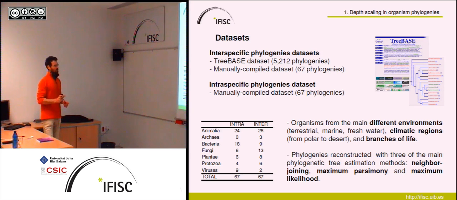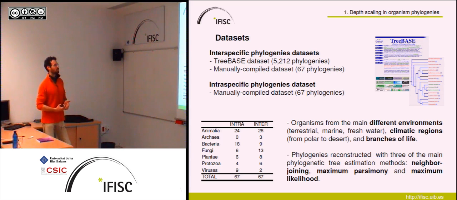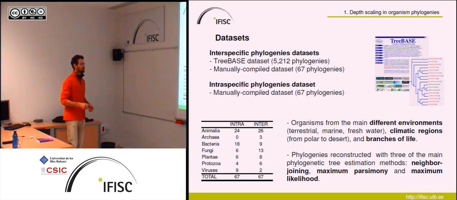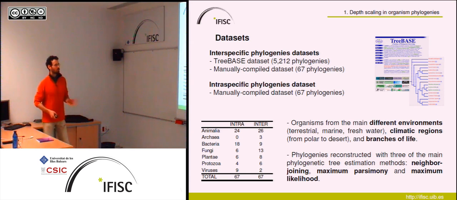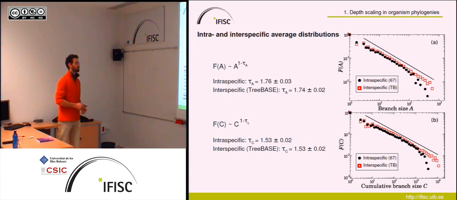These manual compilations for the inter and intraspecific trees were done with the idea of integrating organisms from the main different environments, climatic regions, and branches of life. Those trees were reconstructed with three of the main phylogenetic tree estimation methods: neighbor joining, maximum parsimony, and maximum likelihood.